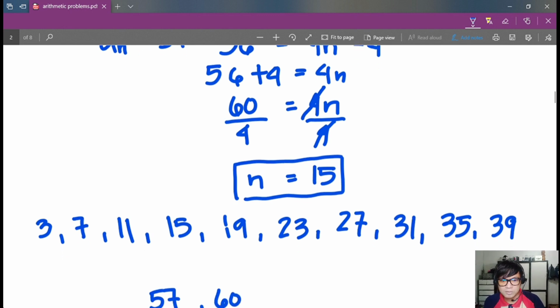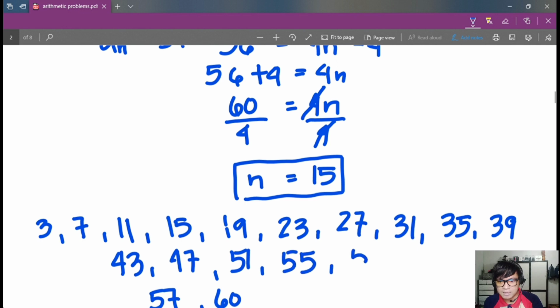Next is 43, 47, 51, 55, 59. Bilangin natin kung 15 lahat yung terms.